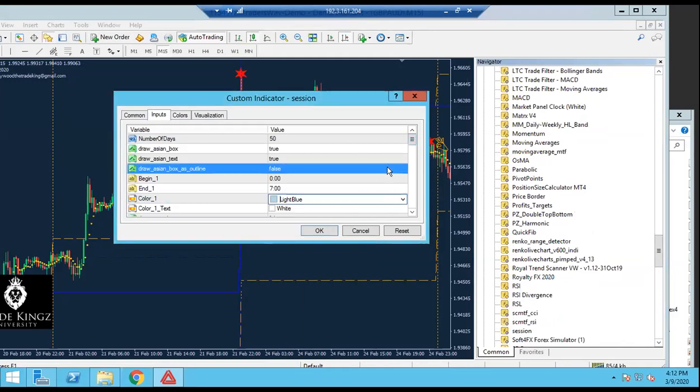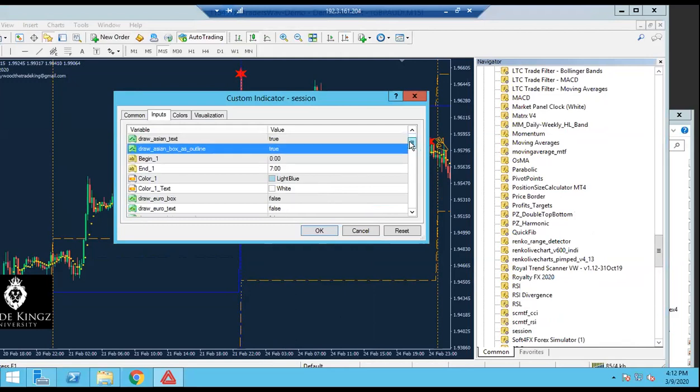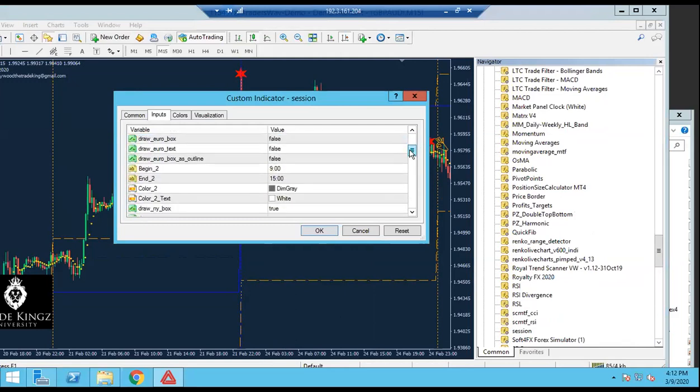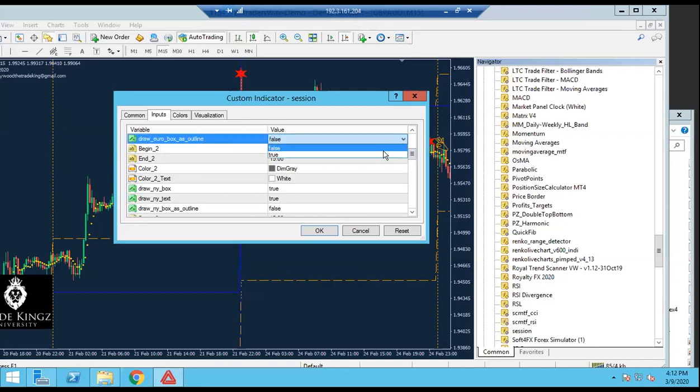I'm gonna use mine as an outline. So I'm gonna change this here to true. Let's see if I can do one for New York. I'm changing these to outline. Outline to true.